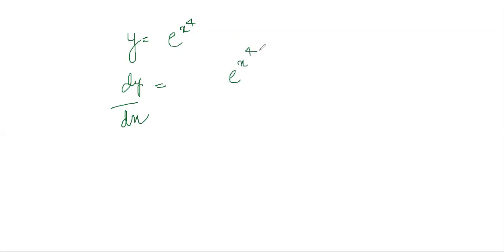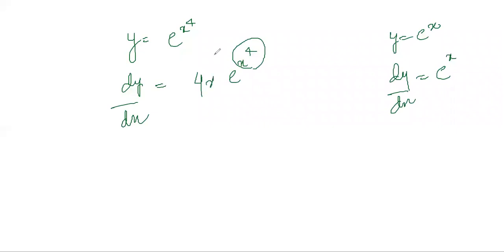And? 4x, ma'am. See, whenever y is equal to e raised to x, dy by dx doesn't change in the case of exponents, okay? But here we had x raised to 4. So we need to differentiate x raised to 4 also. So the answer is 4x cube e raised to x to the power 4. Okay.